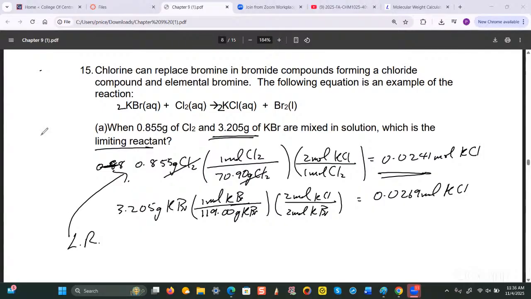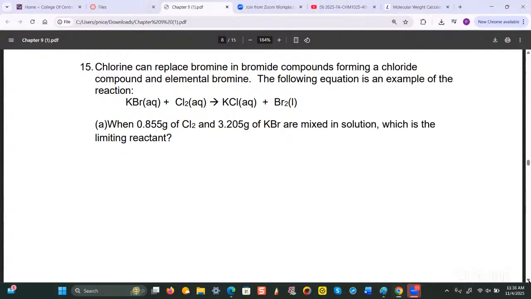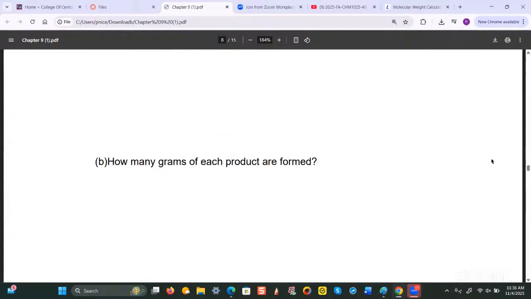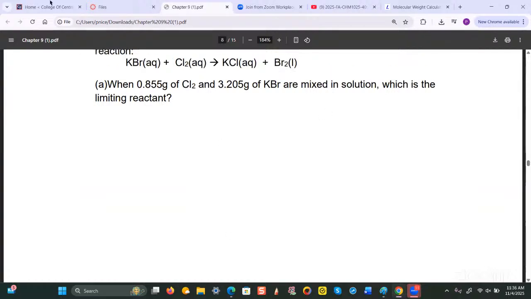Okay, so let me clear this and scroll down. How many grams of each product are formed? Oh shoot, I keep forgetting, I should be able to recover this.